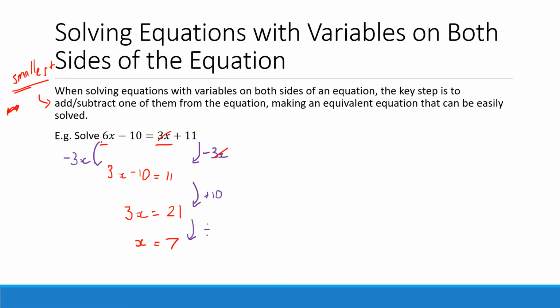Once again, the key step is to add or subtract one of the terms with our variable in it from the equation to make it equivalent, and then go from there. Just to show that it doesn't matter which one you choose, this time let's try and subtract 6x from our equation.